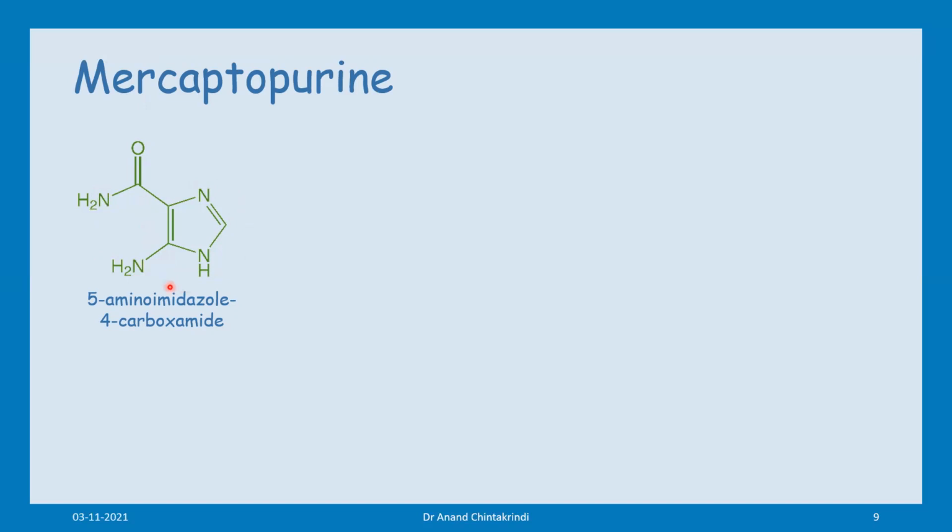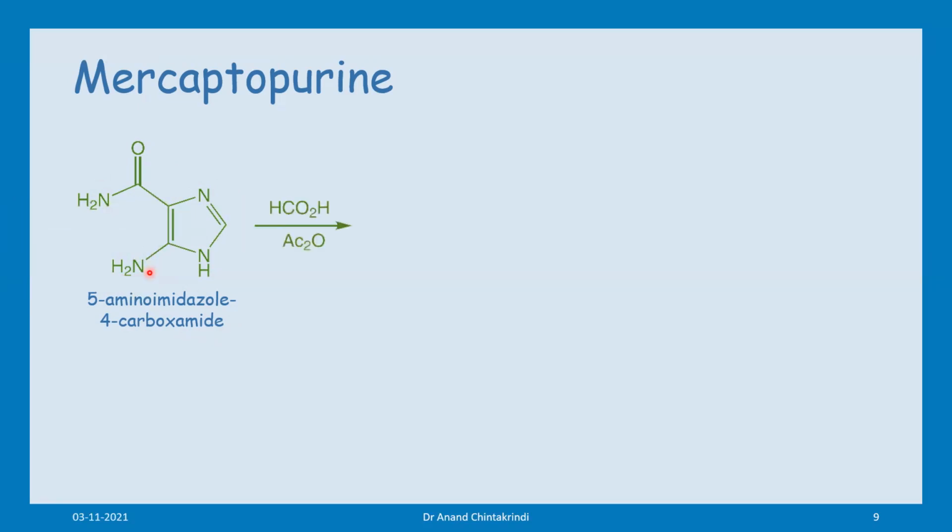So you start with 5-amino imidazole 4-carboxamide. So this is an imidazole ring 1, 2, 3, 4. So at 4th position you are having a carboxamide functional group, and at 5th position you are having an amino group.